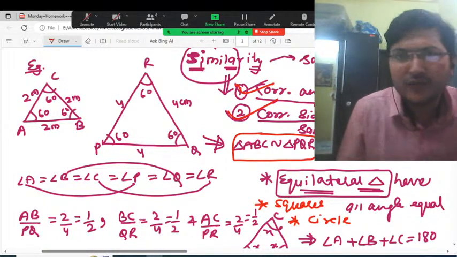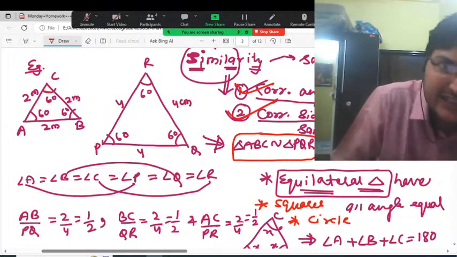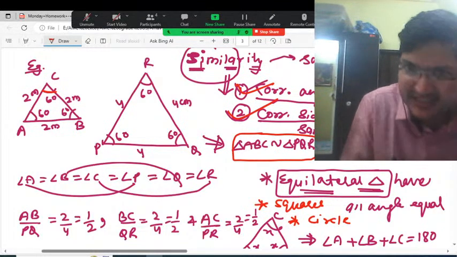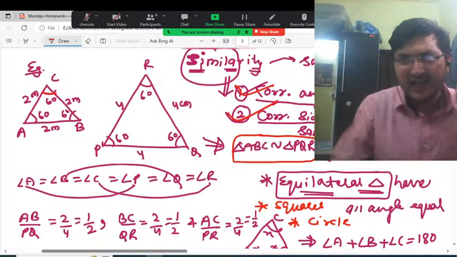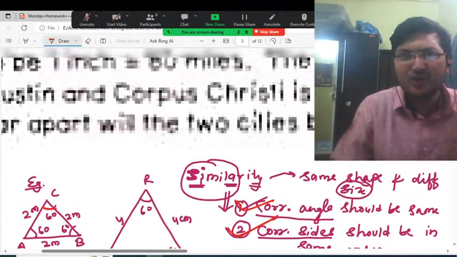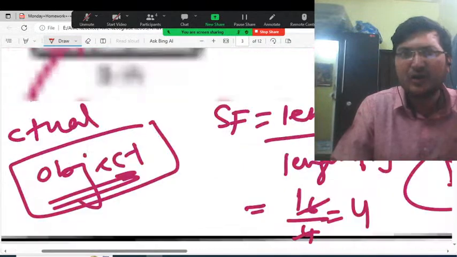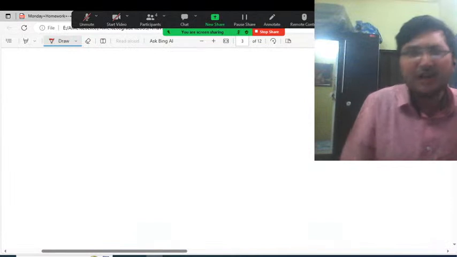Now, do we need to figure out all these angles equal every time, all these sides equal every time? The answer to this question is that we do not need to conclude about all 6 dimensions every time. Why?